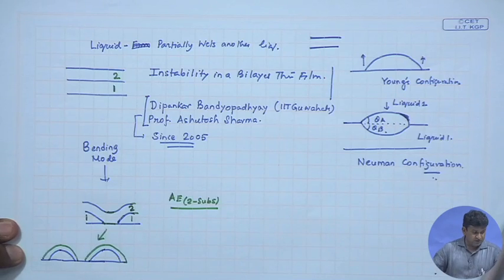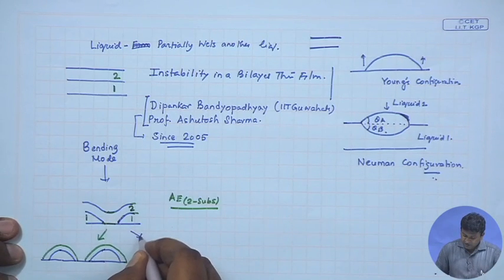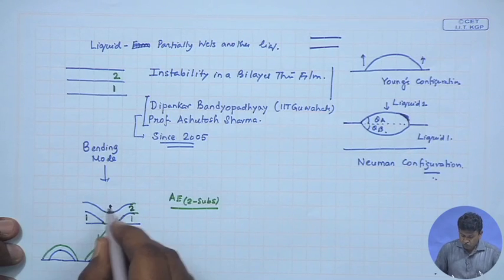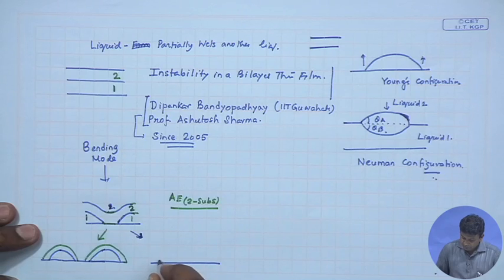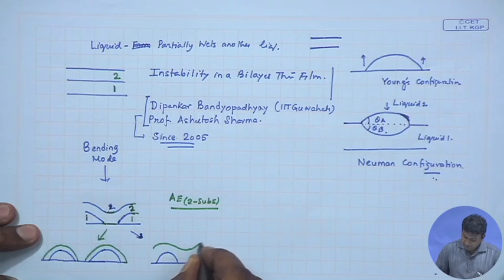Or there is a possibility that the interaction here is repulsive between this surface of 2 and the substrate, and therefore, this is the permanent, or this is the final morphology.